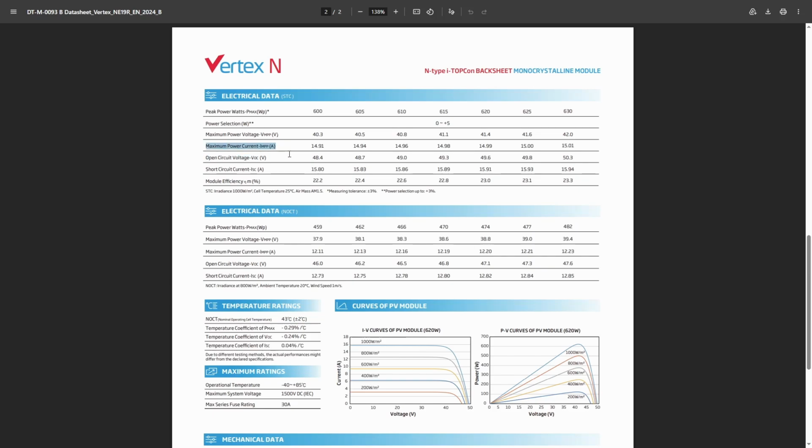Now let's talk about current. Current is often the quiet limitation. People talk about watts, sometimes about volts, but current is where systems struggle. Here under STC, current is about 15 amps. Under NOCT, it's closer to 12 amps.